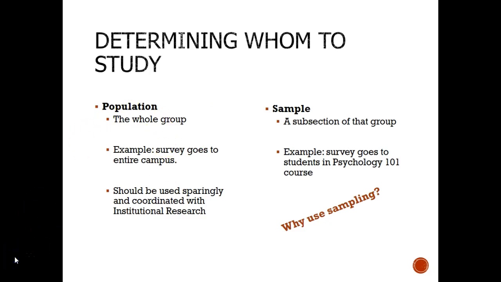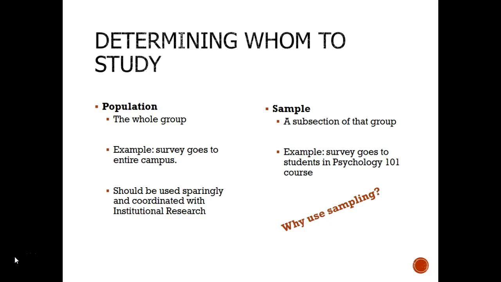On the other side, when we're not surveying the entire population, we're just going to want a sample. It's just a subsection of that group. So we may want to survey, I mentioned psychology before, maybe we're sending a survey to every student that's taking Psychology 101 in a given year. That's your basic entry-level psychology class.